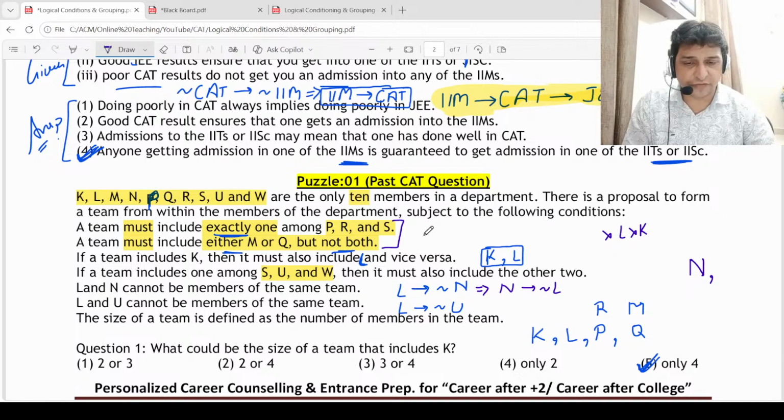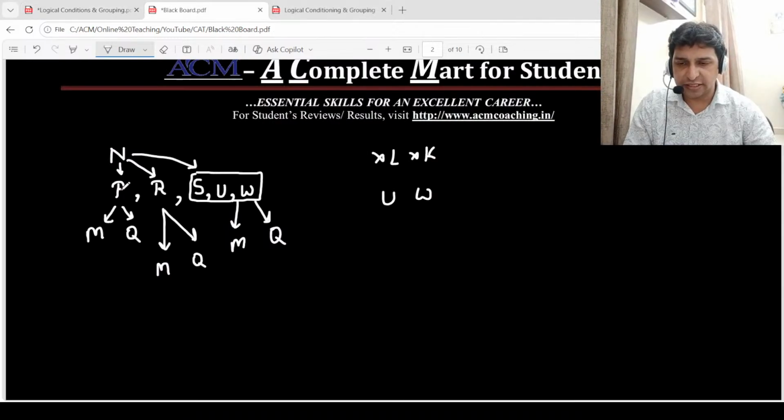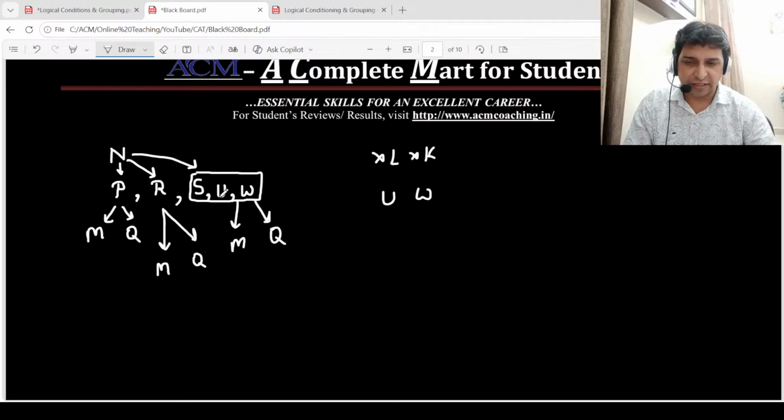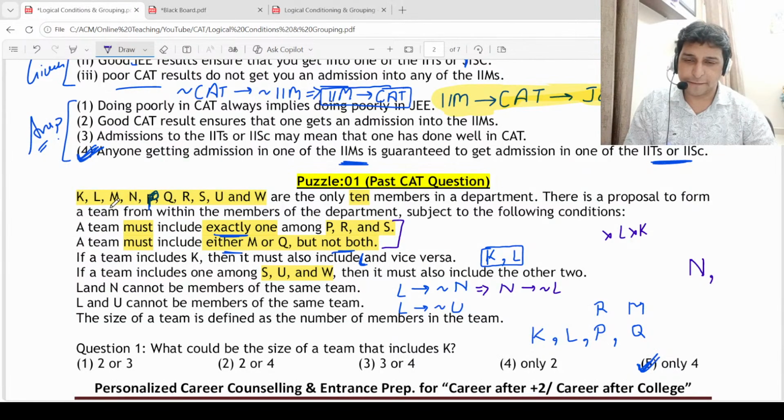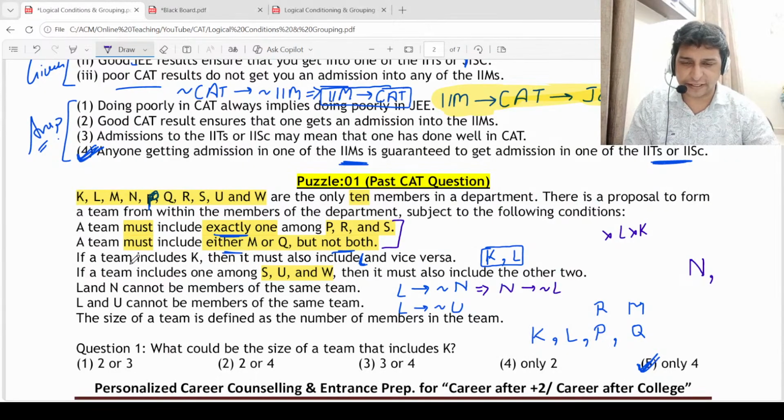There's no restriction which we are breaking as of now. First thing which we had: a team must include exactly one among P, R, and S. In this team we have P, in this team we have R, in this team we have S. The team must include either M or Q, but not both. In every team we have either M or Q. So that condition is also being met.